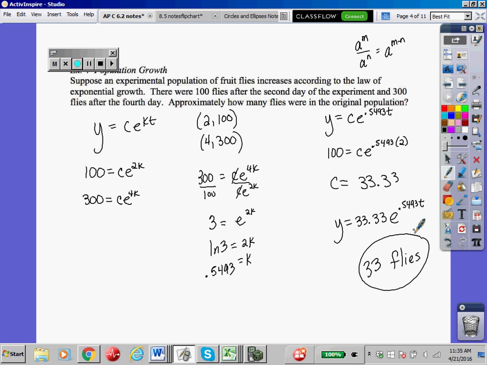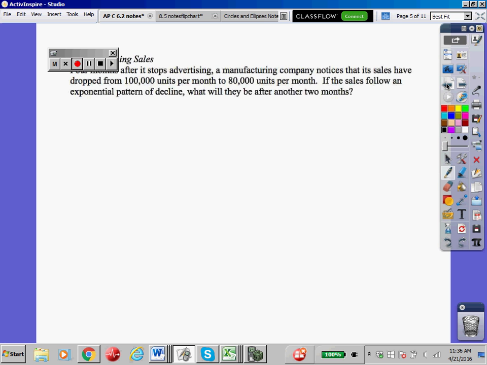All right, let's try to get to example 5, and then we'll stop. Declining sales. So we've seen radioactive decay, population, and now business calculus, they use this sort of stuff. It says, 4 months after it stops advertising, a manufacturing company notices that its sales have dropped from 100,000 units per month to 80,000 units per month.